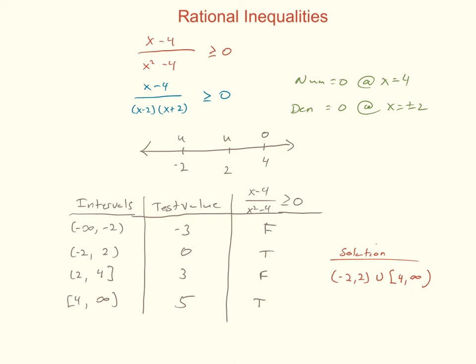And when I put 5 in, I get a true statement. Pause the video and verify that, and once you're comfortable, we can go on. Your solution on this is going to be the open interval from negative 2 to 2 union the interval from 4 to infinity, including 4.